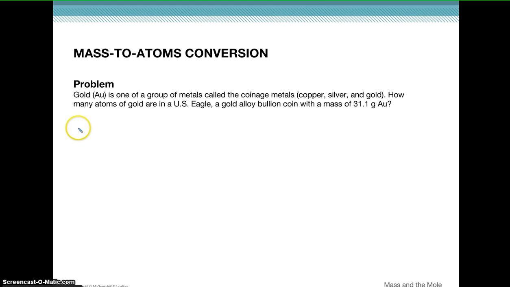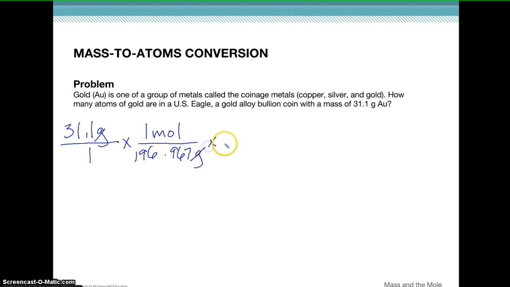We start again with what we're given, which is 31.1 grams of gold over 1. From grams, we can go to moles using the molar mass. On your periodic table, find gold. 1 mole of gold has a mass of 196.967 grams. Our grams cancel. Now we want to take our moles and convert to atoms. According to our flow chart, to go from moles to particles, which are atoms in this case, we use Avogadro's number.